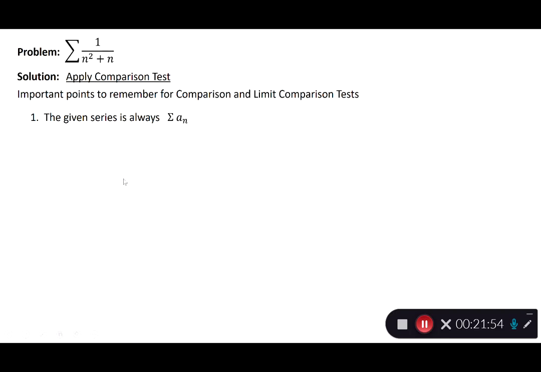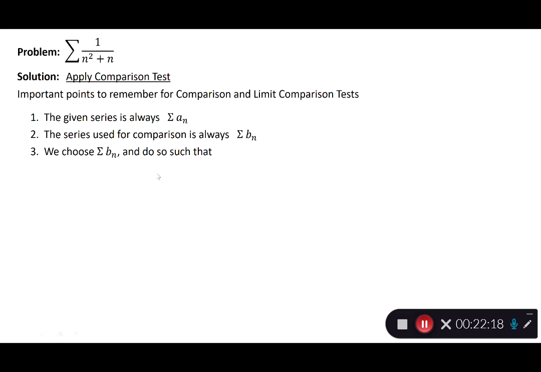This is sigma 1 over n square plus n. Cool. And the series that we use to compare this series with, that is the sigma b sub n. Now the question is, what do you mean by use some sigma b sub n for comparison? We need to figure that out.